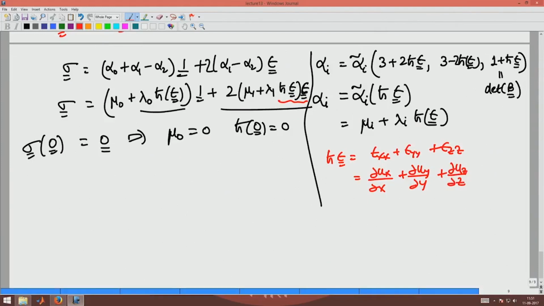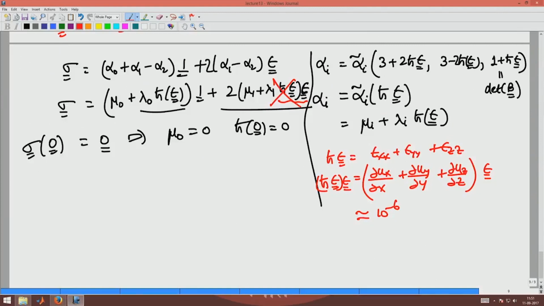Okay. Trace epsilon multiplied by epsilon would be of order 10 power minus 6. Since I ignored this order before, I have to ignore these terms also.